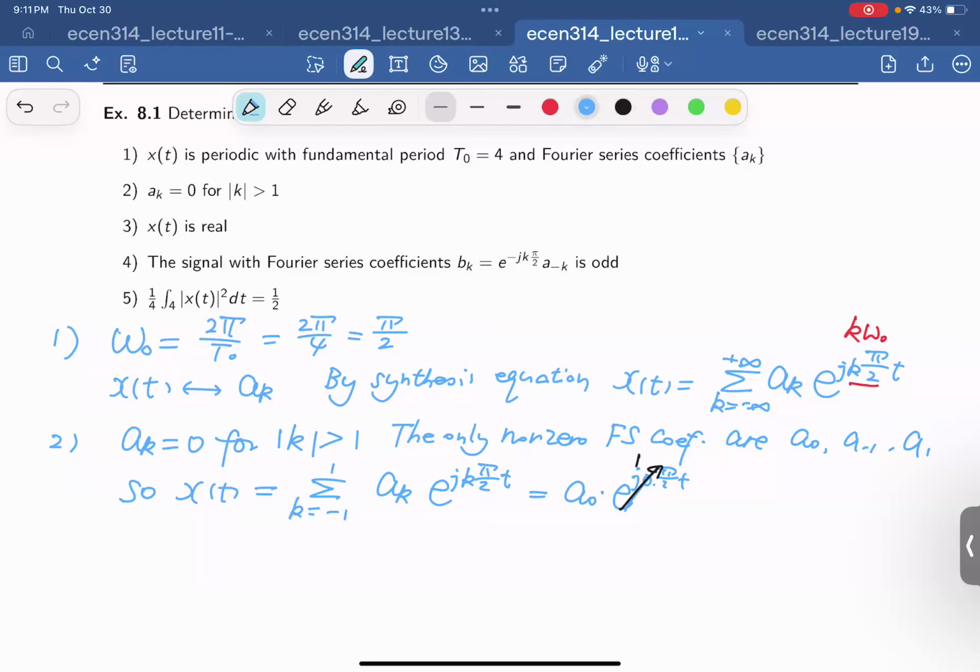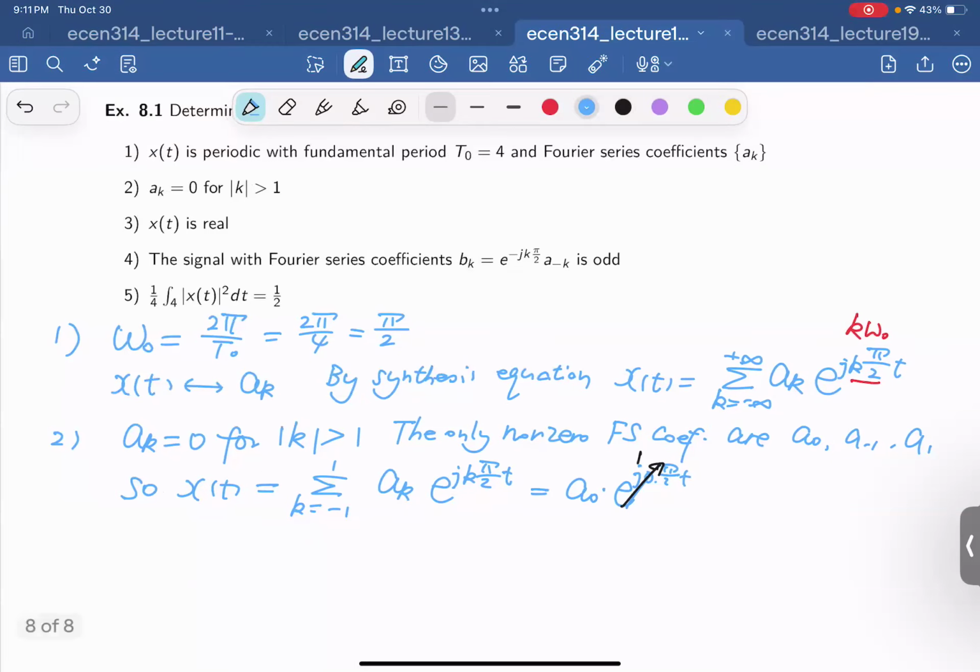So that's a constant term, but then you have a sub minus 1 times e to the j times minus 1 times half pi t.